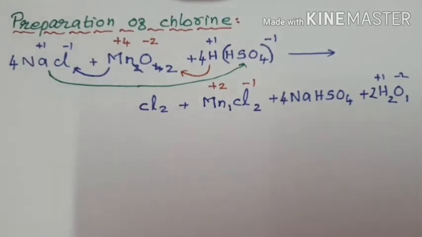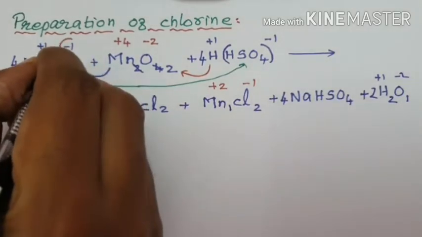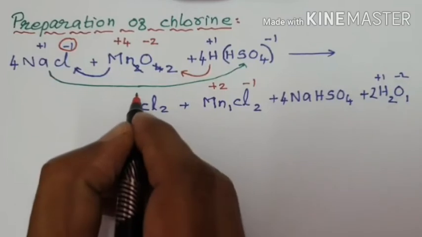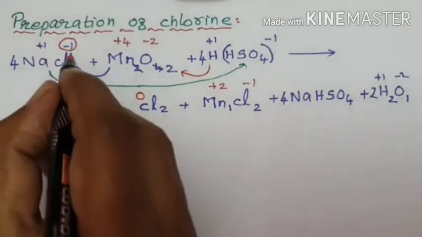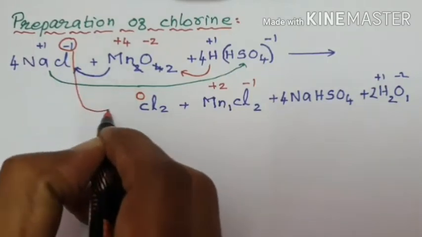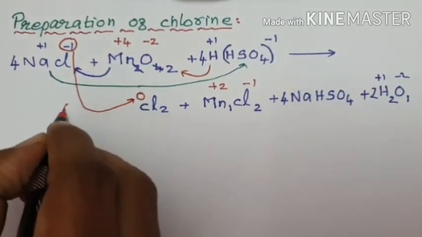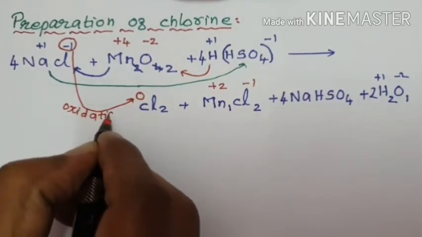So in this reaction, in sodium chloride, chlorine is in -1 oxidation state. In the homogeneous diatomic gas it is in 0 oxidation state. When you move from left to right, the oxidation number increases from -1 to 0. Therefore, it is called oxidation.